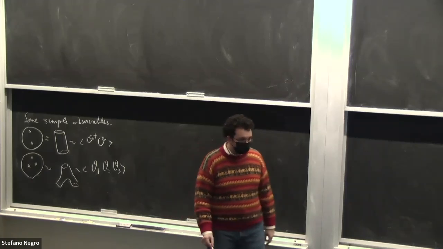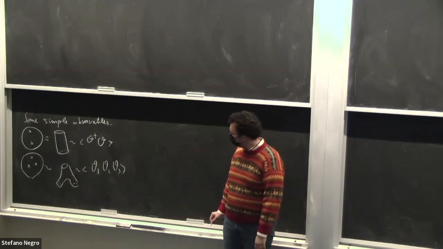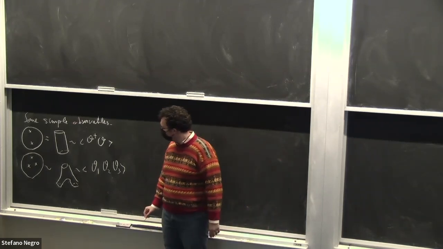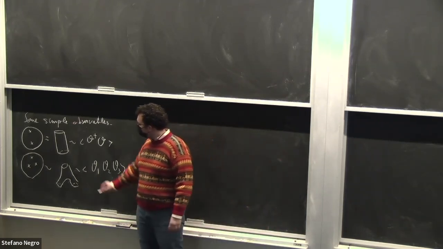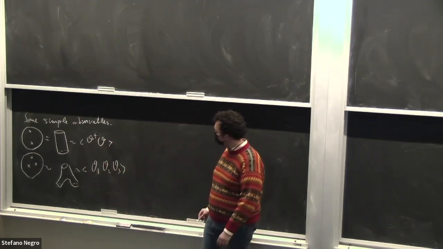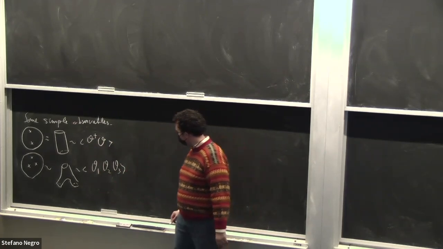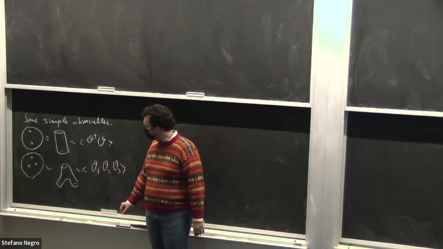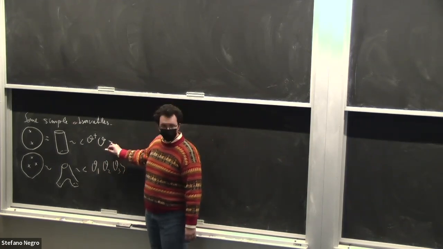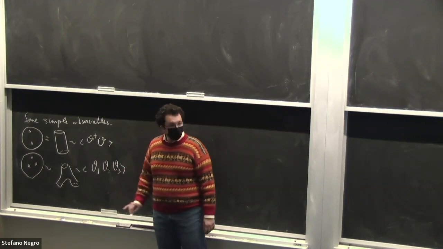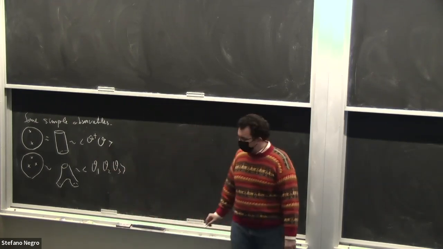And of course, I could go on and on with 4-point functions and so on. 4-point functions, I think all of you know, are substantially more interesting than 2- and 3-point functions. They are much richer objects, so you start seeing some dependence on conformal cross ratios. But for the purpose of this talk, I will be focusing on this very simplest example and possibly talk a little bit about 3-point functions as well.